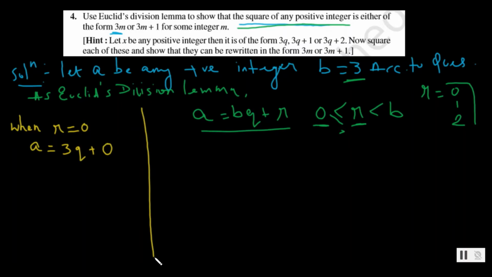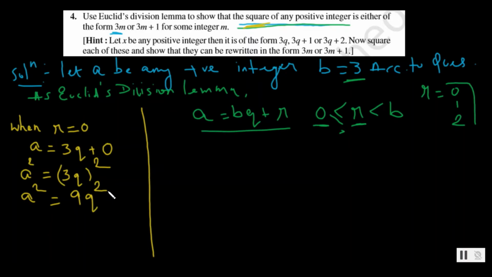So now, as the question says, it is the square, so we will square both sides. a square is equal to 3q square, which will give us a square equals 9q to the power 2.